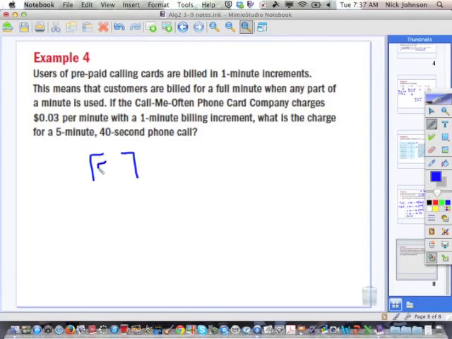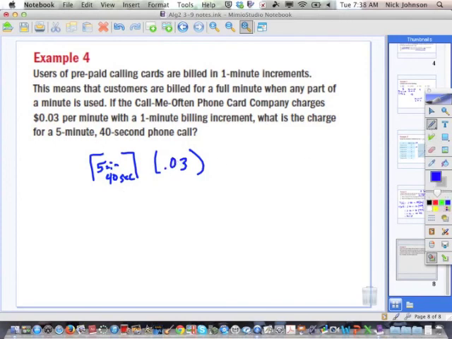5 minutes, 40 seconds is in here, and we take that times 0.03, right? Pen's acting up on me. Or it could just be Mr. Johnson's bad penmanship.